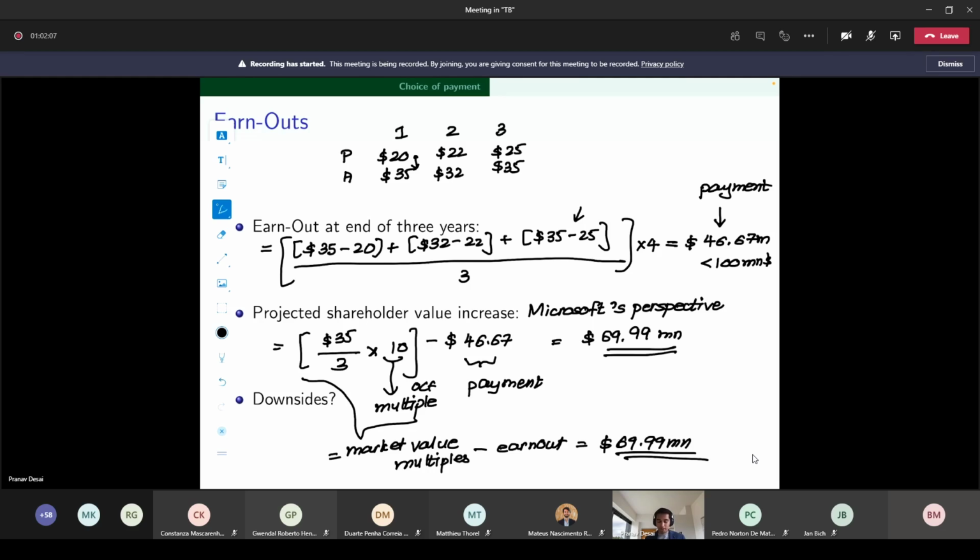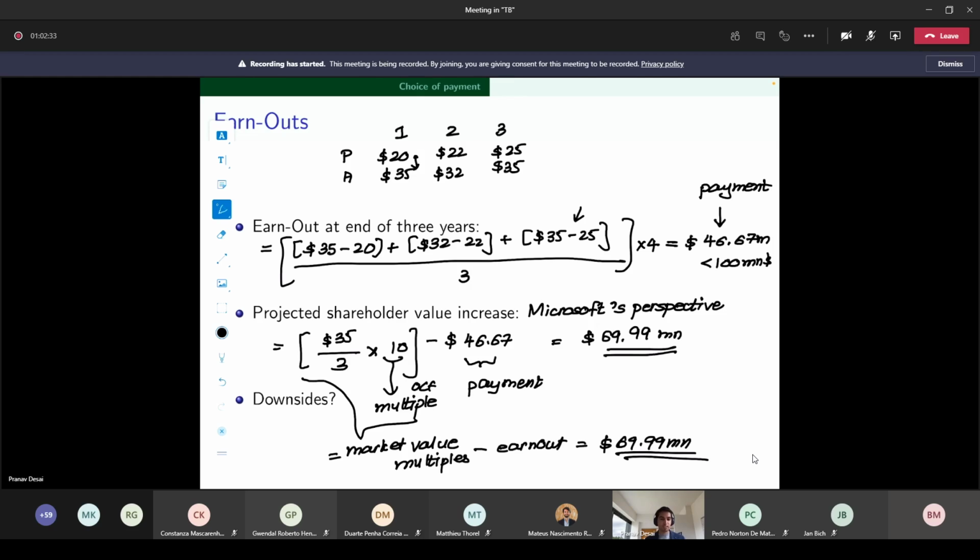So I've been speaking for a while, so let me pose this question for you. There is a very positive incentive in this case. Microsoft is offering Wunderlist this earnout payment, which is conditional upon good performance. The shareholder value of Microsoft, if these multiples are correct, then the multiple-based valuation is correct, is actually quite positive.